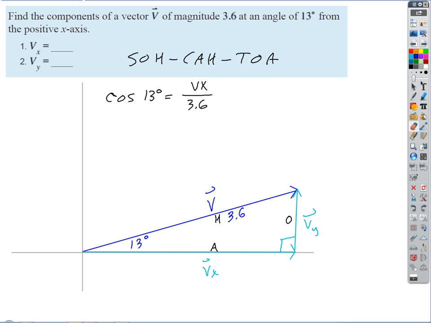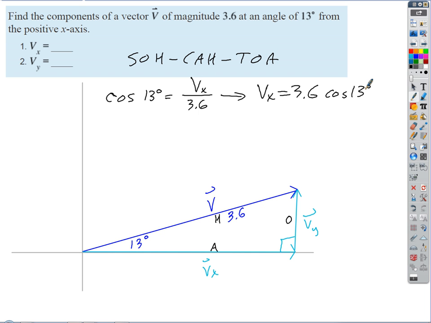If I'm going to solve for v sub x, what do I have to do to get v sub x by itself? Multiply both sides by 3.6, right? So this is going to give us the equation v sub x equals 3.6 times cosine 13 degrees. And that's just going to be a number, right?